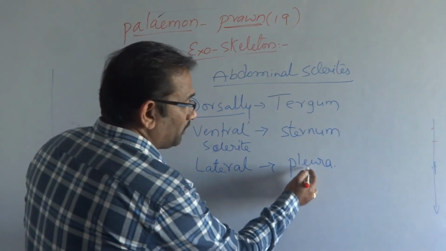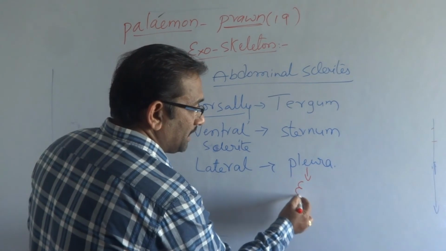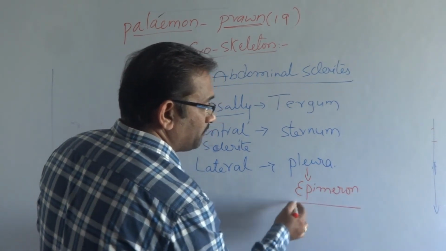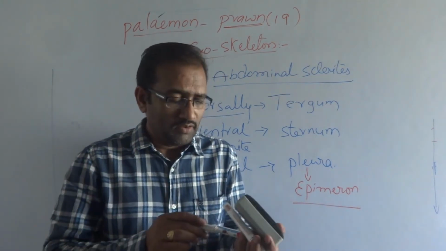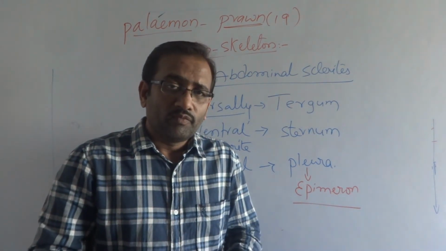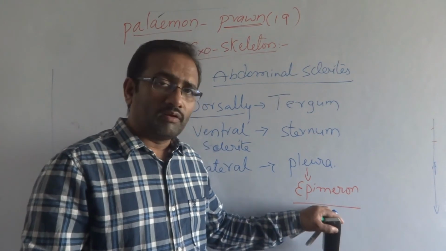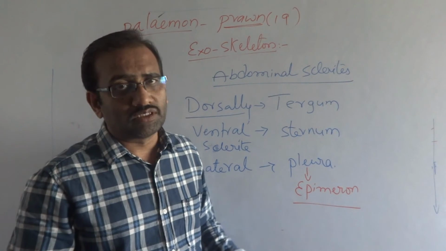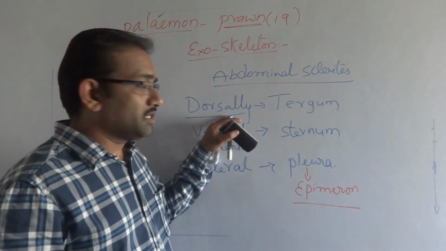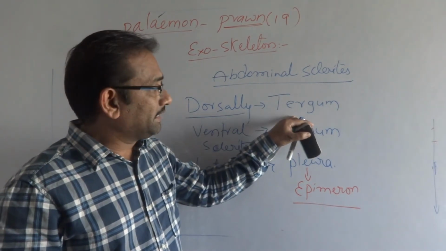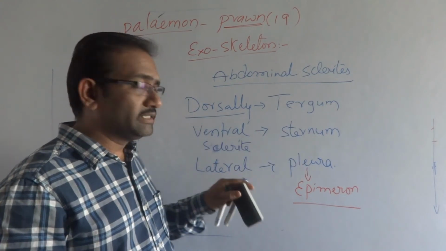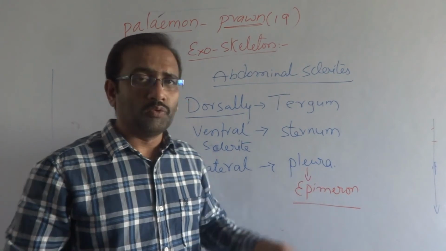So from the pleural side there is an epimeron, from which the pleopods emerge outside. The dorsal covering is called tergum, the ventral covering is called sternum, and the lateral sclerites are called pleura.